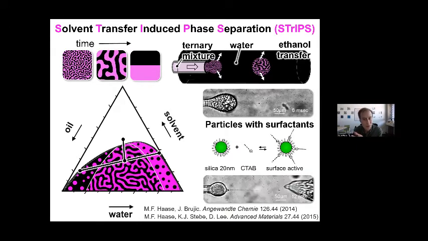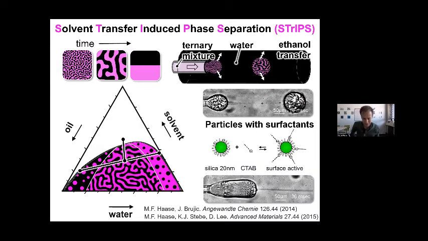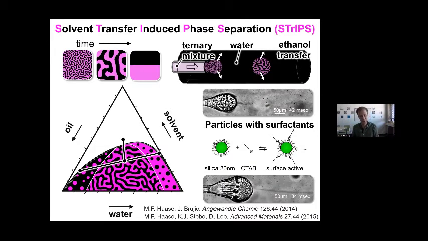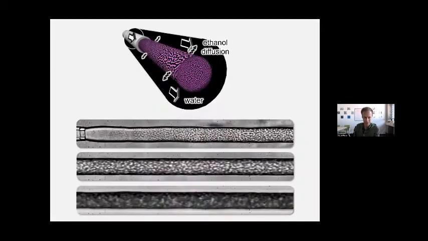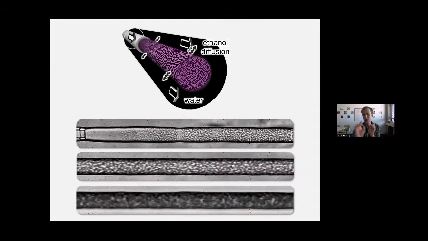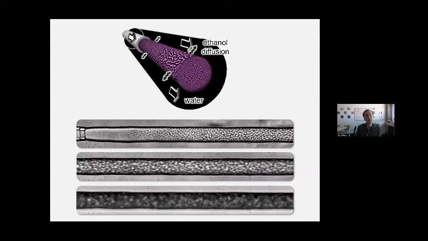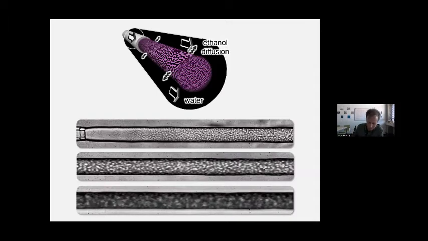And then you can see that the droplet pinch-off looks very different. Now, instead of these nice spheres, you get these blobs, and they actually can retain their shape as they travel down the channel. If you tune the conditions a little more, you can extrude actually infinitely long fibers of these nanoparticle containing ternary mixtures.